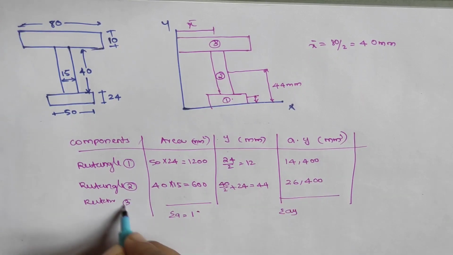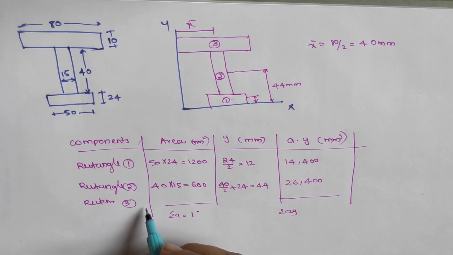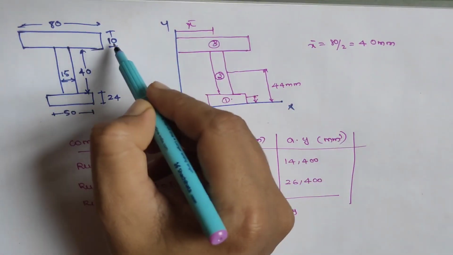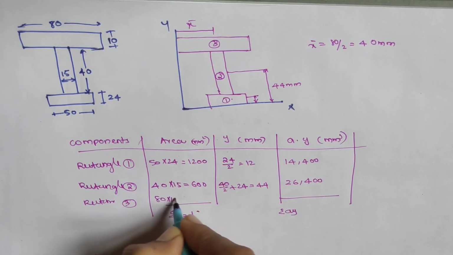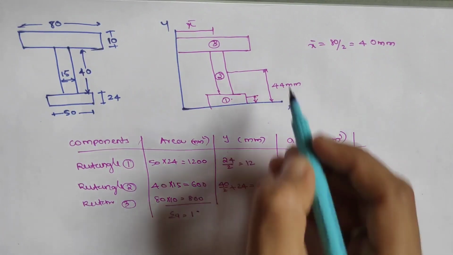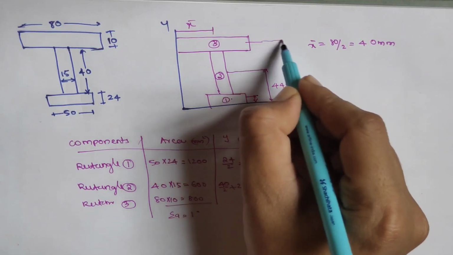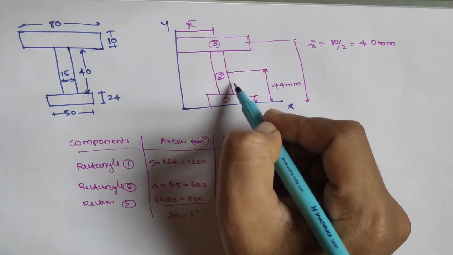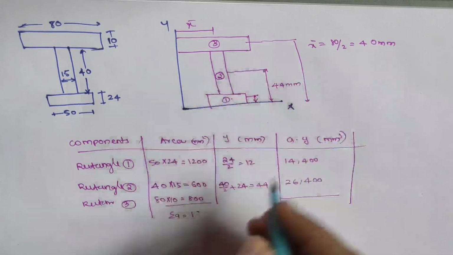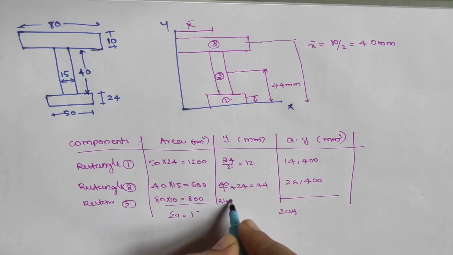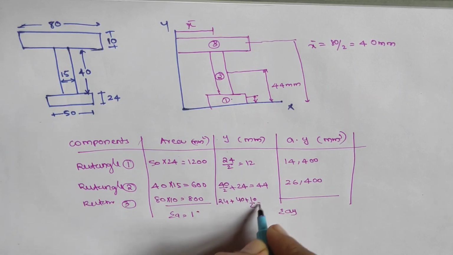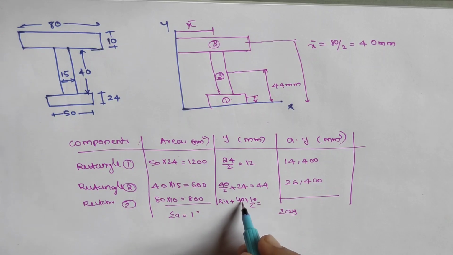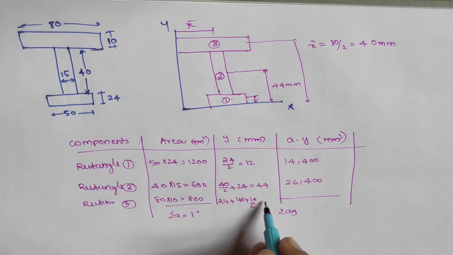Next, rectangle 3. Here in rectangle 3, area will be 80 into 10, 800. Next, y means from the middle of this figure to the bottom. So this will be 24 plus 40 plus half of this, 10 by 2. 24 plus 40, 64 plus 5, 69.